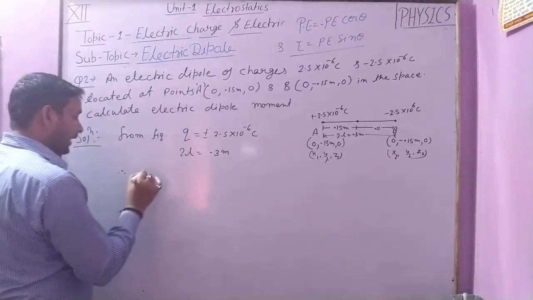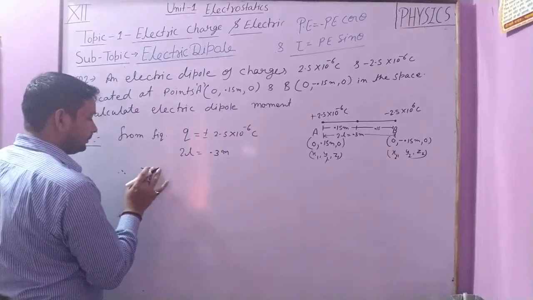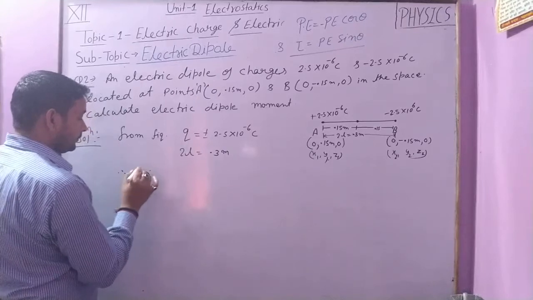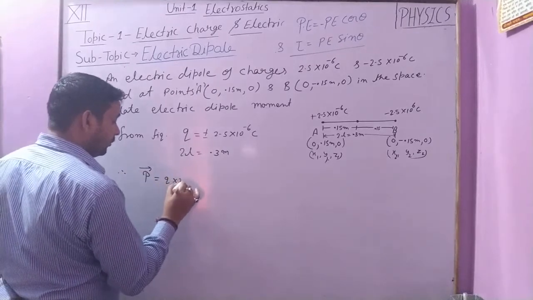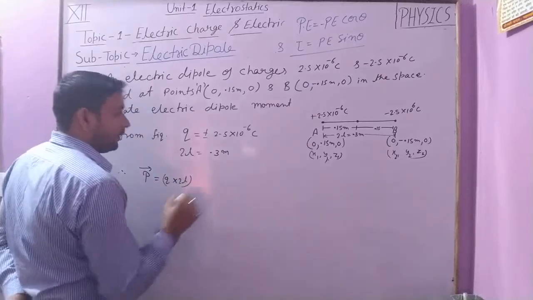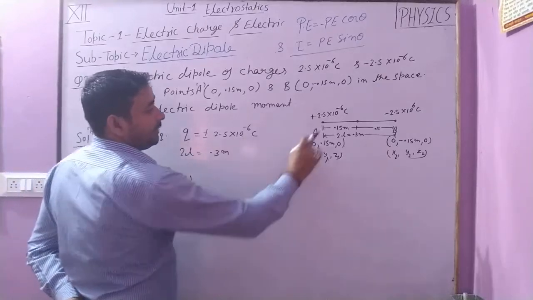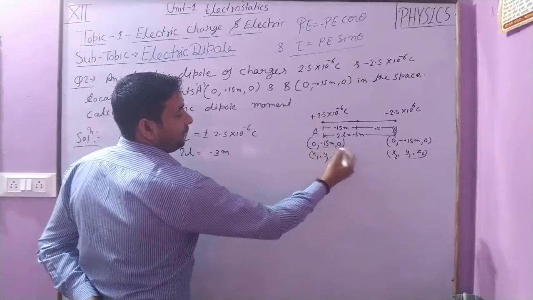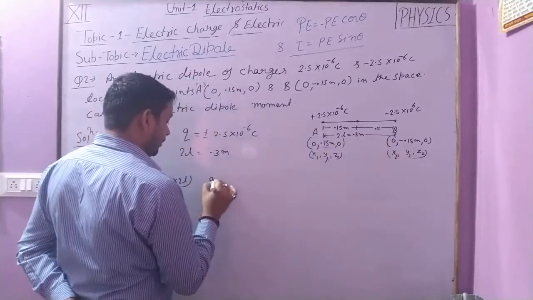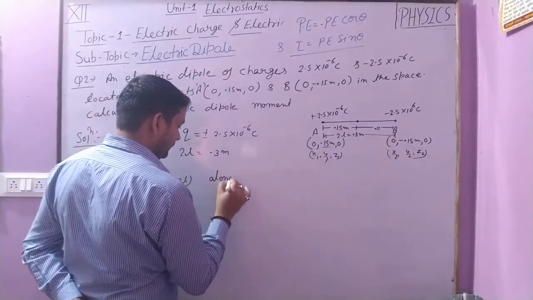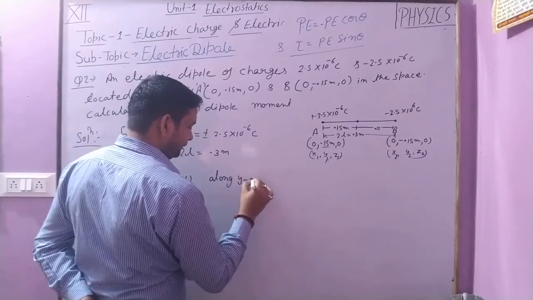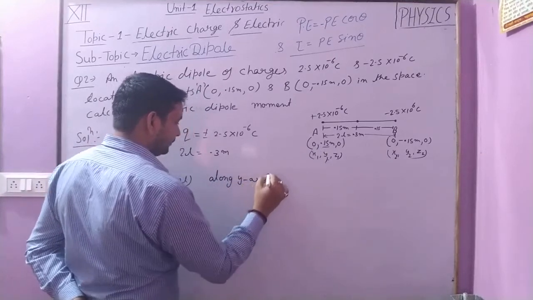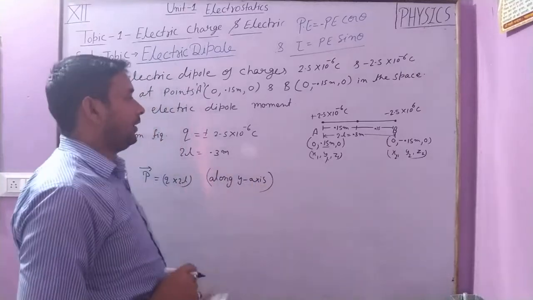We know that dipole moment is given by Q into 2L, in a direction. Here it points along the y-axis. From where to where?